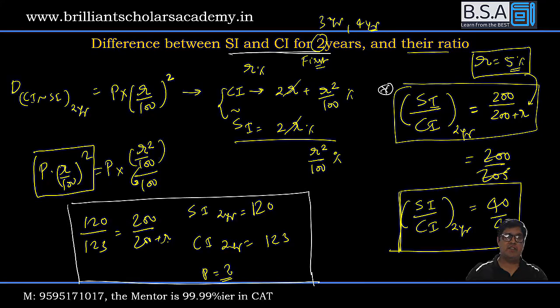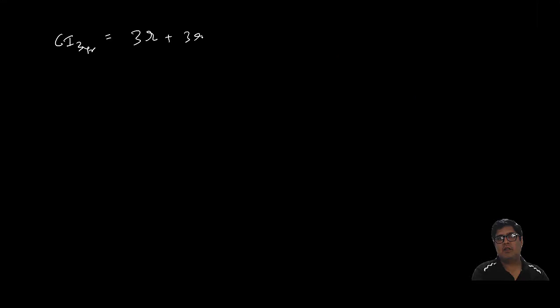The formula for 3 years is very easy. You want to cover the formula? I'm adding one extra slide. I cannot go back to this, so copy it now and move ahead. Compound interest for 3 years, I have shown you all 3 years, but don't use the formula in the exam, you will get stuck in it. It is 3r plus 3r square upon 100 plus r cube upon 10,000.